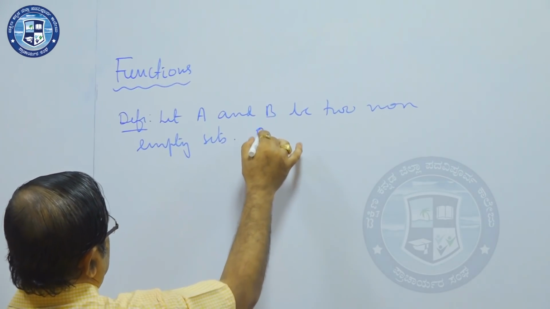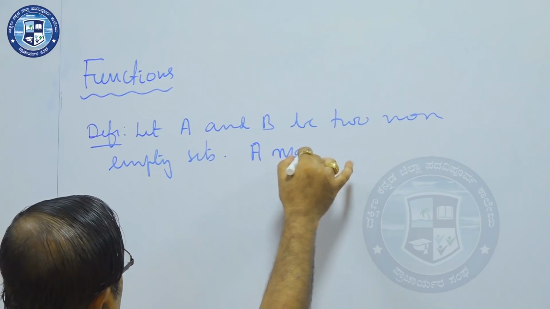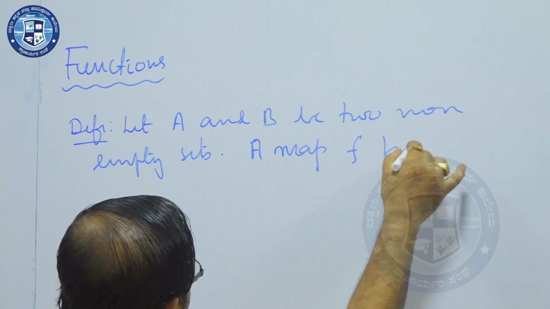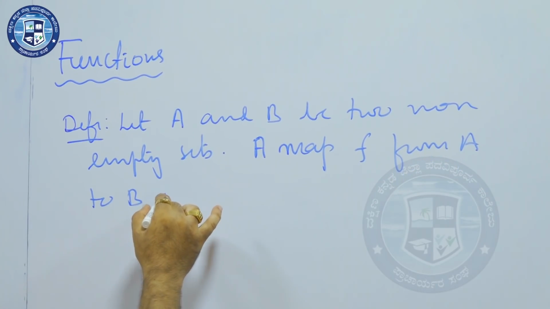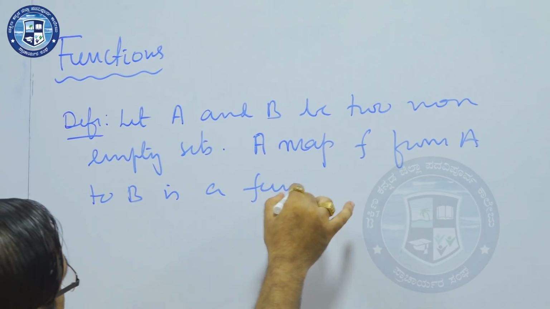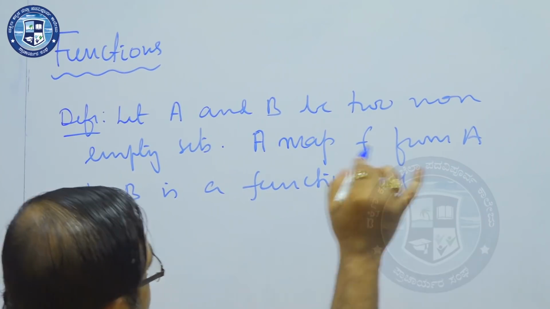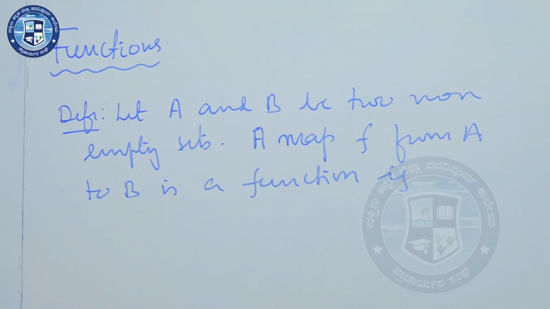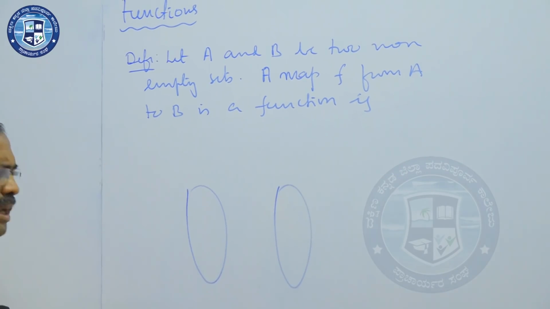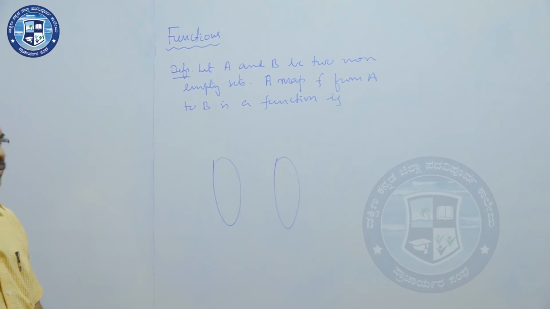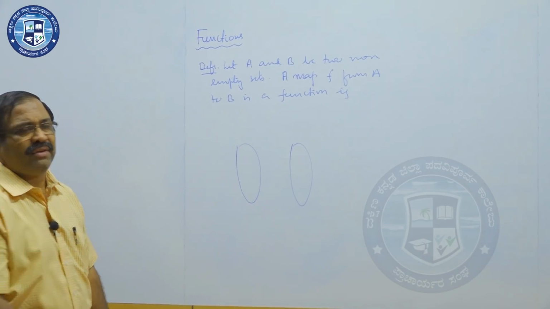A function, a map f from set A to set B is a function if, look here, we will begin with a very simple definition. You have to first understand the definition of a function.